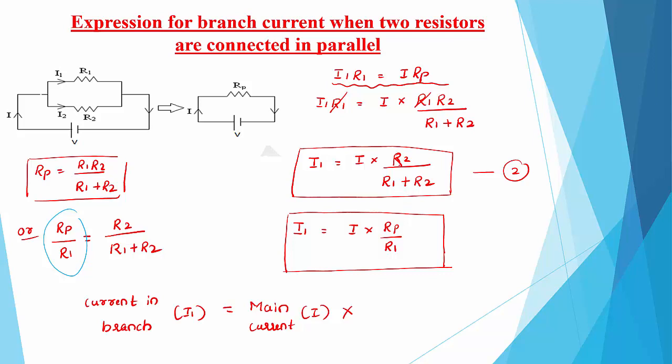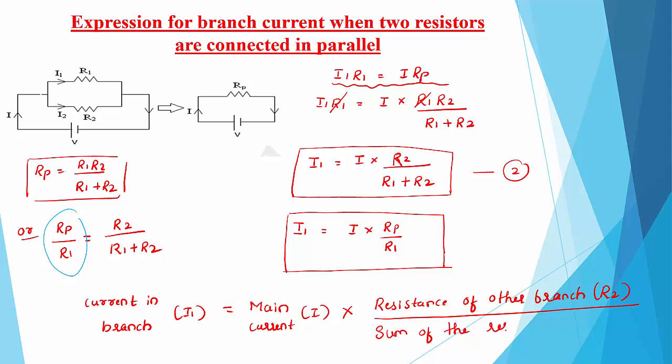This is the resistor of the other branch. Here you can see I1 is current passing through R1, but here we are going to consider R2. R2 means the resistance of the other branch, divided by R1 plus R2. That means the sum of the resistances, that is R1 plus R2.